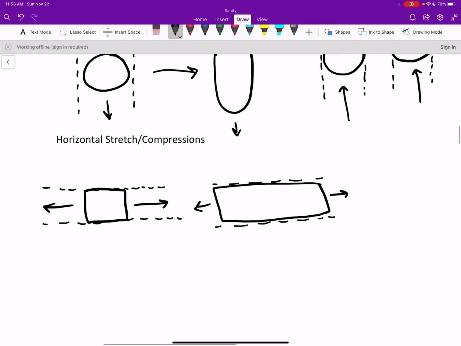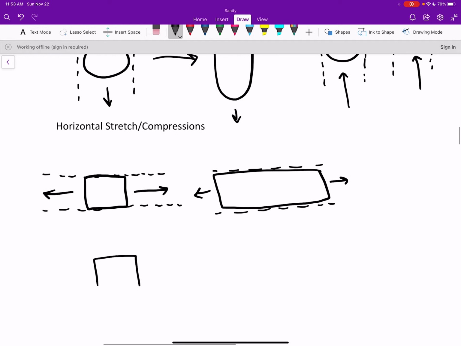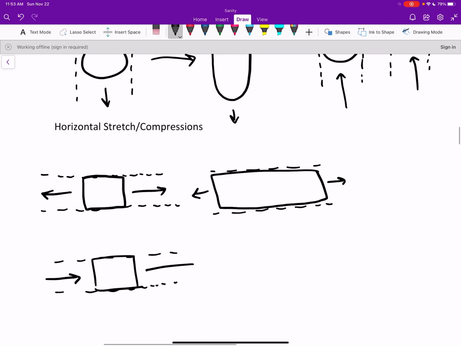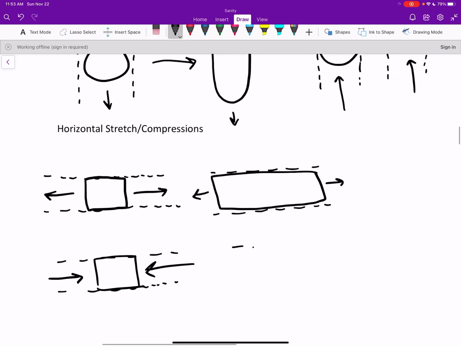A horizontal compression would be, here's my little square again, that vertical distance, the height, is not going to change. But if I try and compress it to make it go smaller, well, that square is going to get a little thinner there since it all got pushed in.